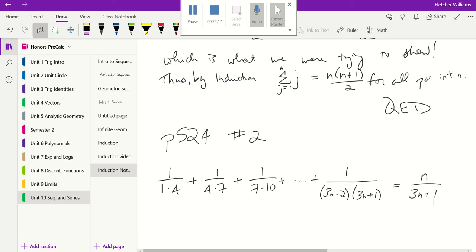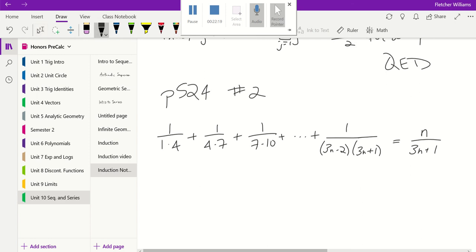So let's think about this. This is the first term of the sequence, second, third. This is the what term? Nth, yeah, nth term.